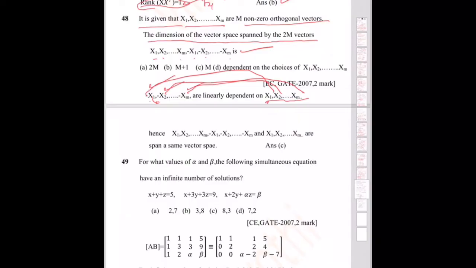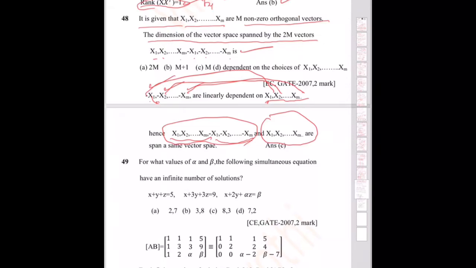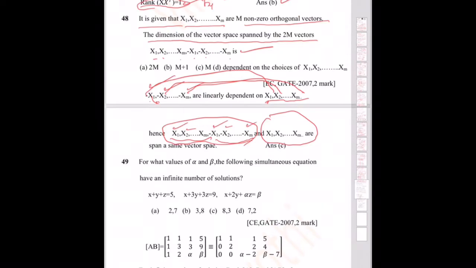That is, x1, x2, ..., xm and minus x1, minus x2, ..., minus xm span the same vector space. That is, these 2m vectors span the same vector space which is spanned by x1, x2, and so on xm. That is, these two sets of vectors span the same vector space.